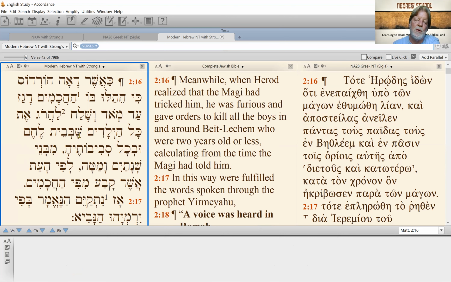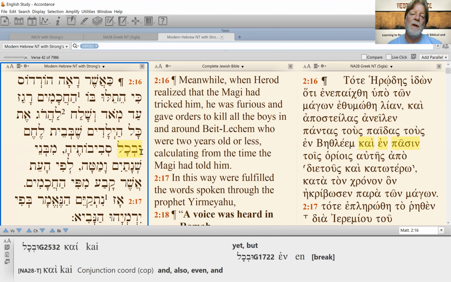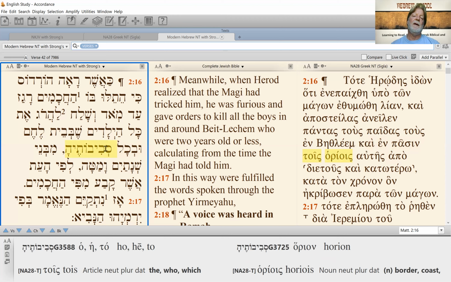Sheh is a prefix that means that, but we also have a prepositional prefix, ba, meaning in, that were in Bethlehem. Uvakol, and in all savivotecha, the surrounding areas.